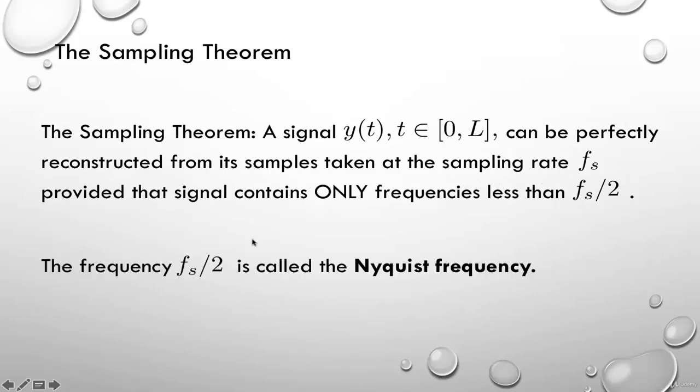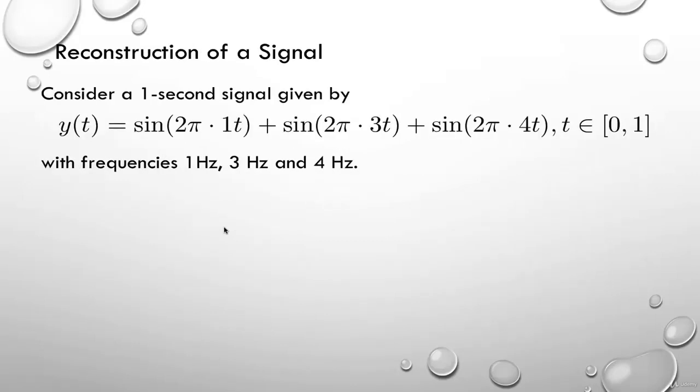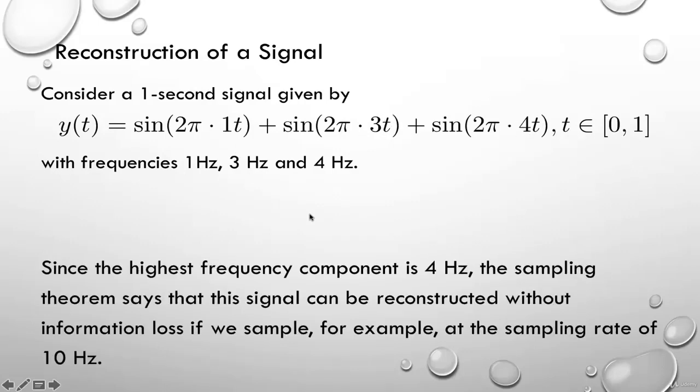This frequency, the sampling rate divided by 2, is called the Nyquist frequency. Again, I need all my frequencies to be less than the Nyquist frequency for my sampled data to be accurate. Here's an example. This function has three frequencies: 1 hertz, 3 hertz, and 4 hertz. So the highest frequency is 4.